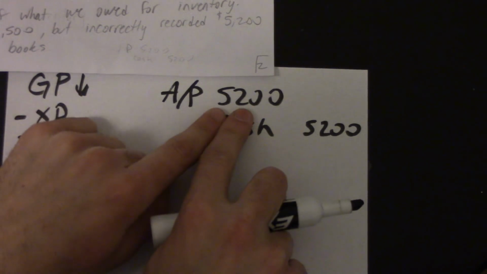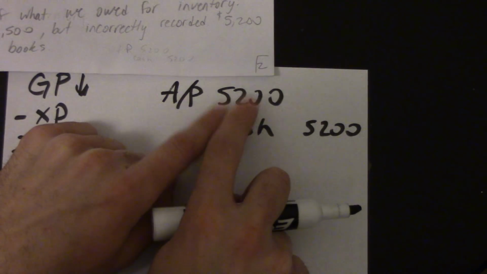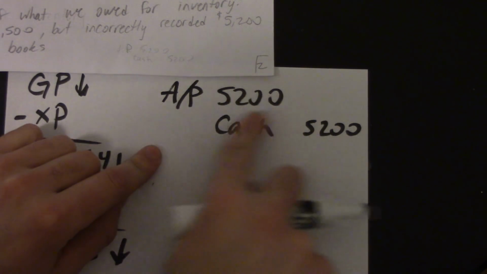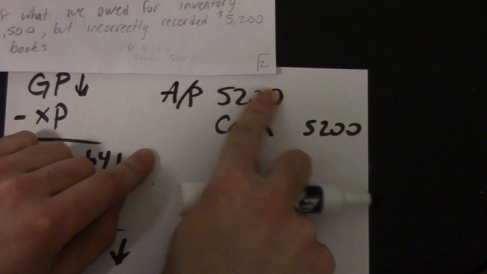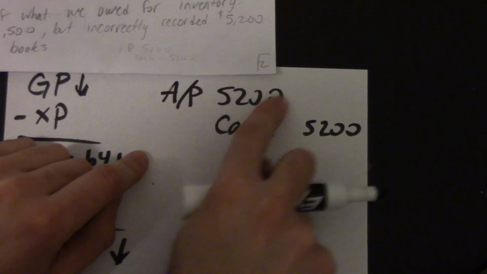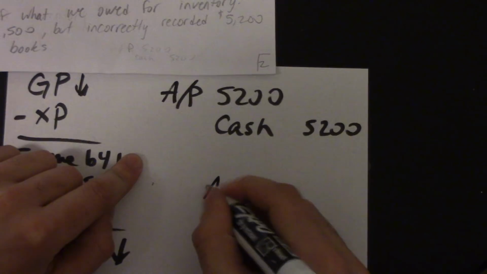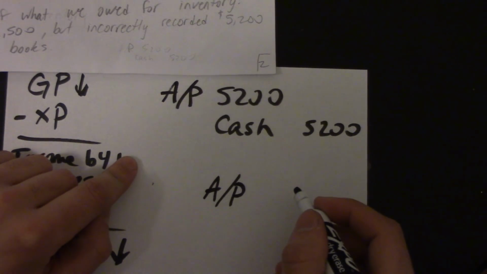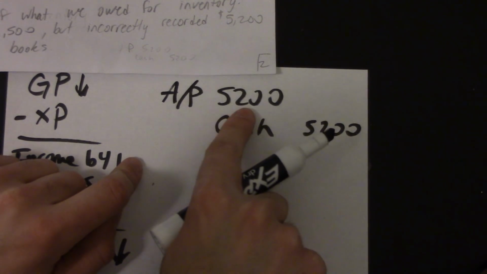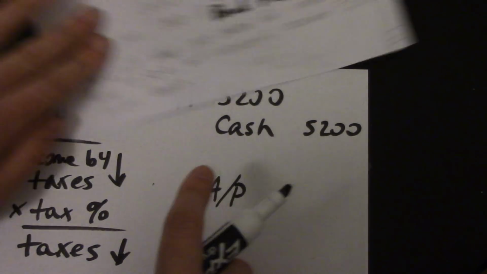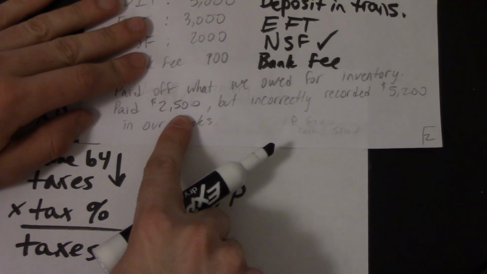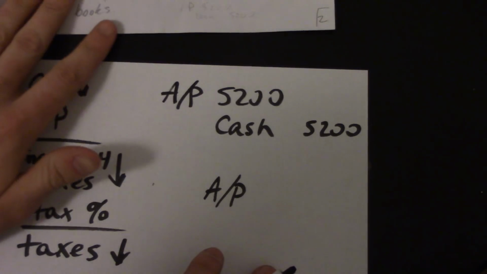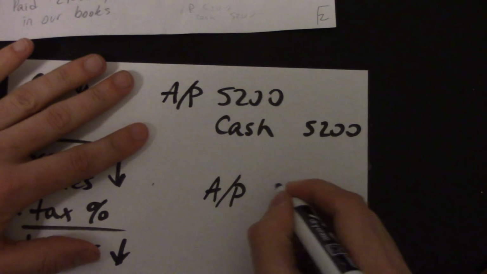So this number should have been $2,500, or we need to decrease the amount we're debiting to accounts payable. In order to do that, we're going to credit accounts payable for the difference, $5,200 minus the correct number, $2,500. And that gives us $2,700.